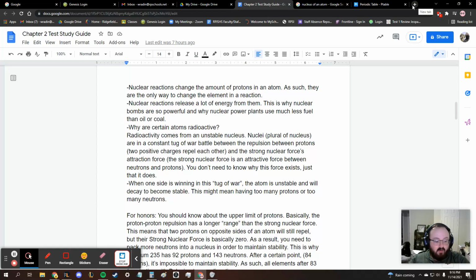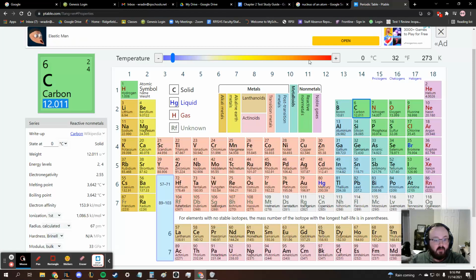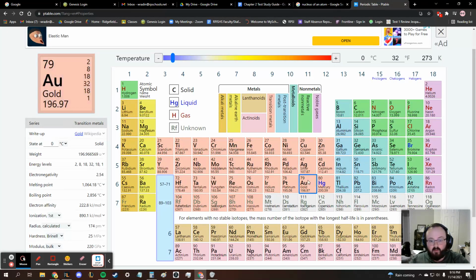Now, with the methods that they used back then, that was not possible. But turning lead, which is element 82 on our periodic table, into gold, which is element 79, by all technicalities is possible with nuclear chemistry by changing the amount of protons.